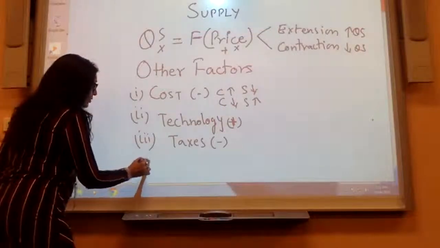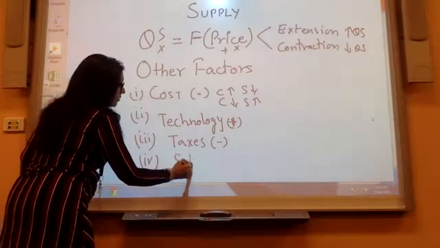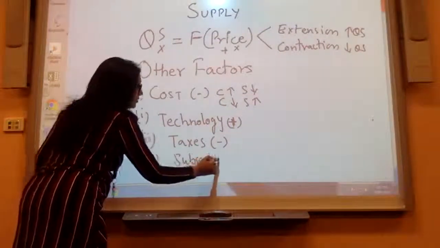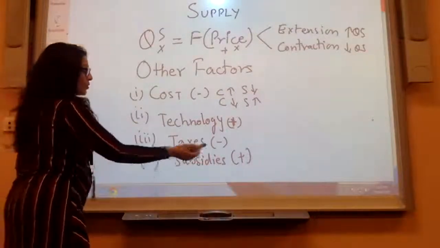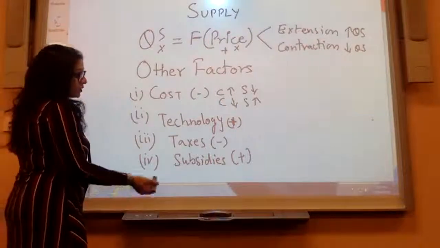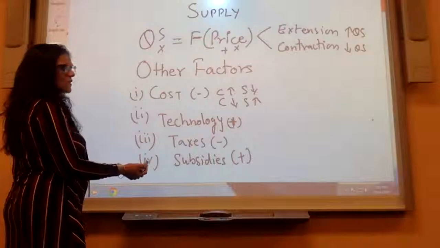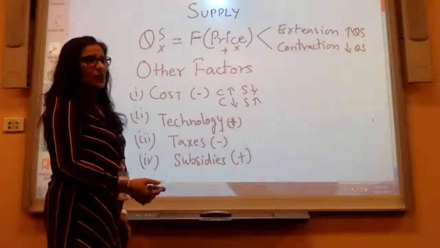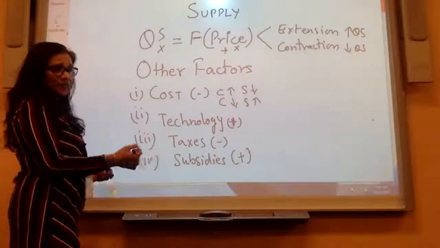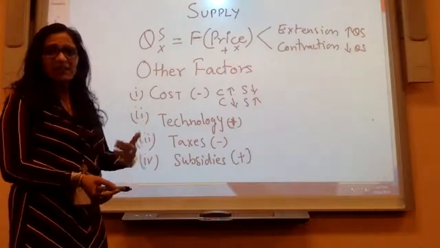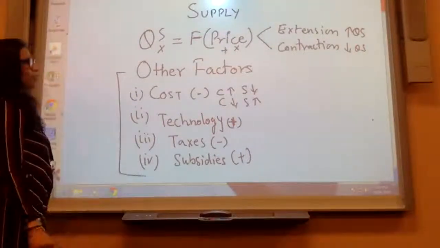In contrast are subsidies, a grant by the government: if the business is being supported, the more the subsidy, the more the supply, and the lesser the subsidy, the less the supply. A very simple one is the number of sellers: if the number of sellers increases, you will have more supply of a product, and if it decreases, you will have less supply.